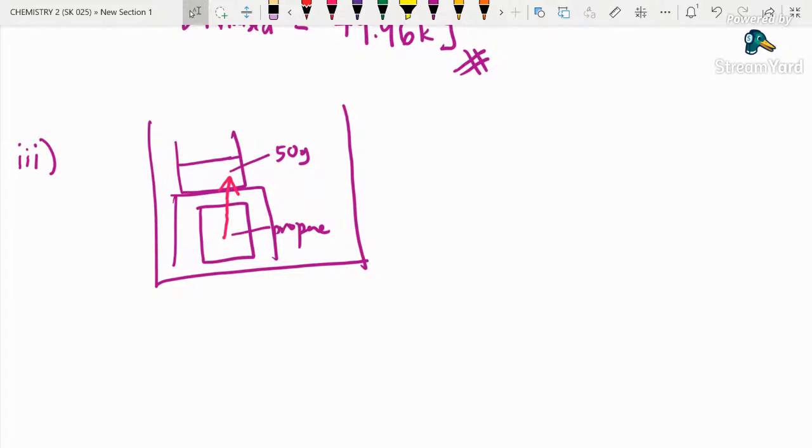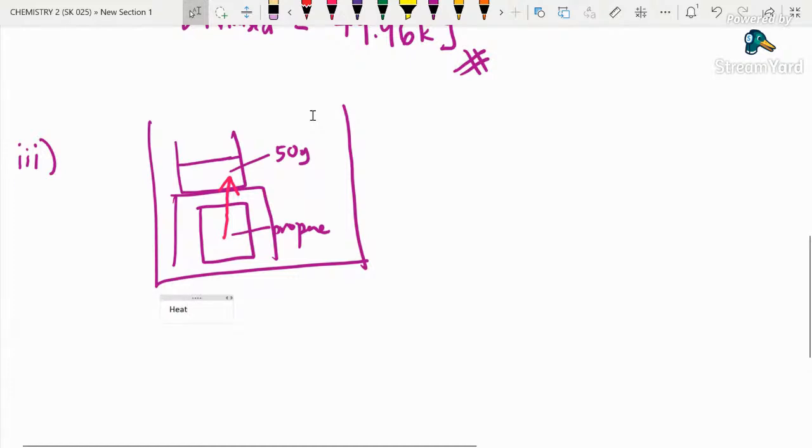So how to write the statement yang kita kata, yang soalan tu? State the assumption made in your calculation. So our assumption is the heat released from the combustion of propane is absorbed by water. So that is the assumption. Okay, so maybe you can write the assumption. Saya malas nak type sebenarnya.